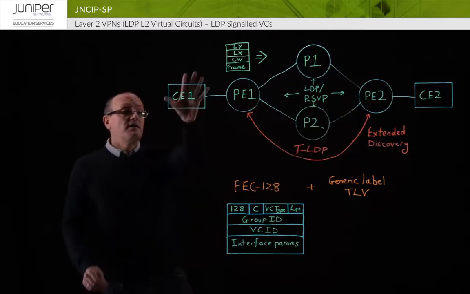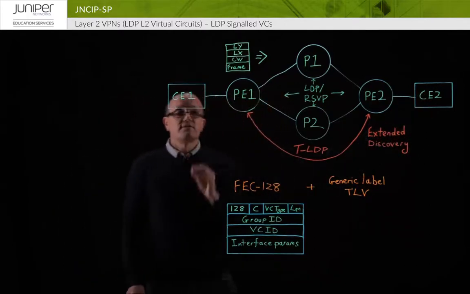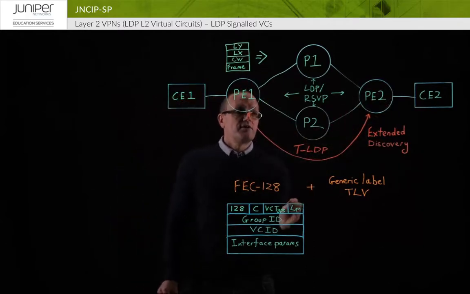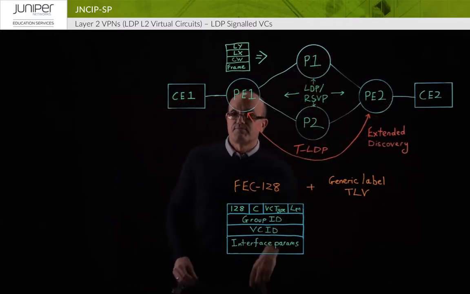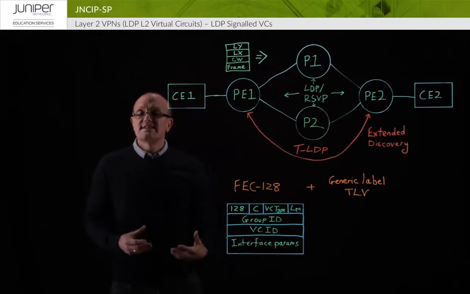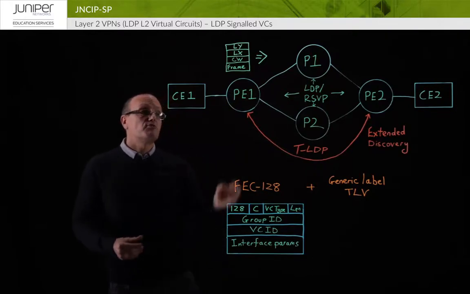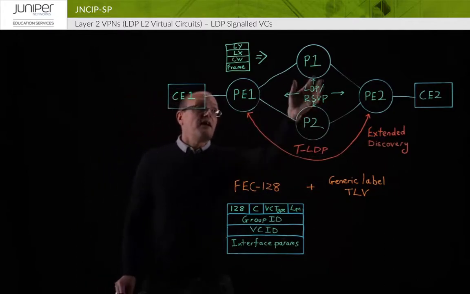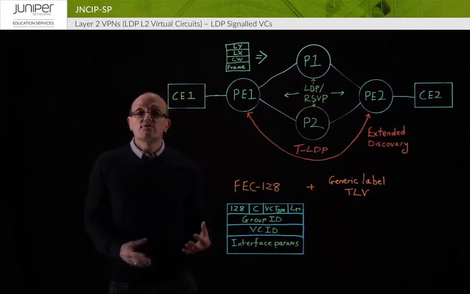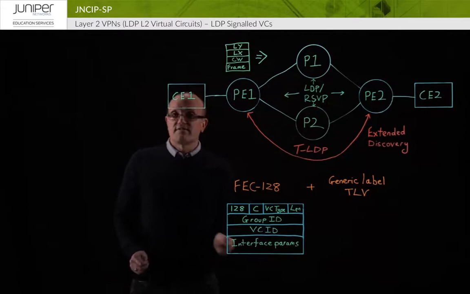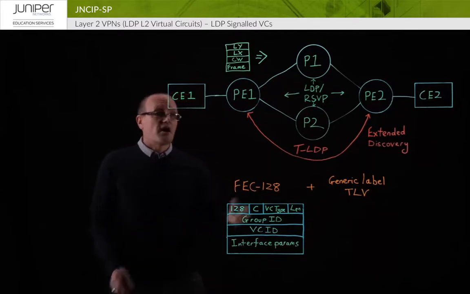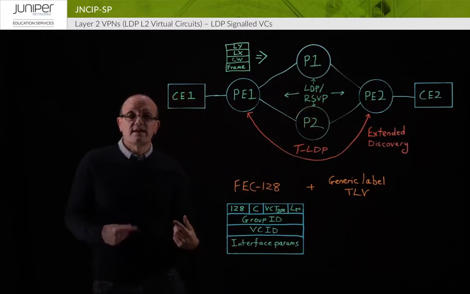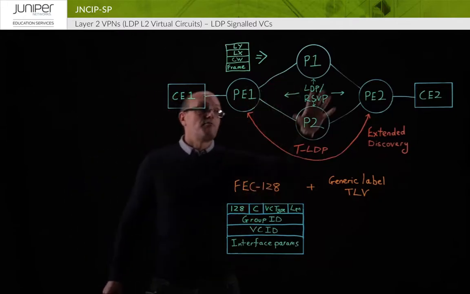We have our customer edge devices, our provider edge devices, and our provider devices. For signaling LSPs between our PE devices, we could be using LDP. We could also be using RSVP. If we were using RSVP, we'd have to be tunneling LDP over the top of that.